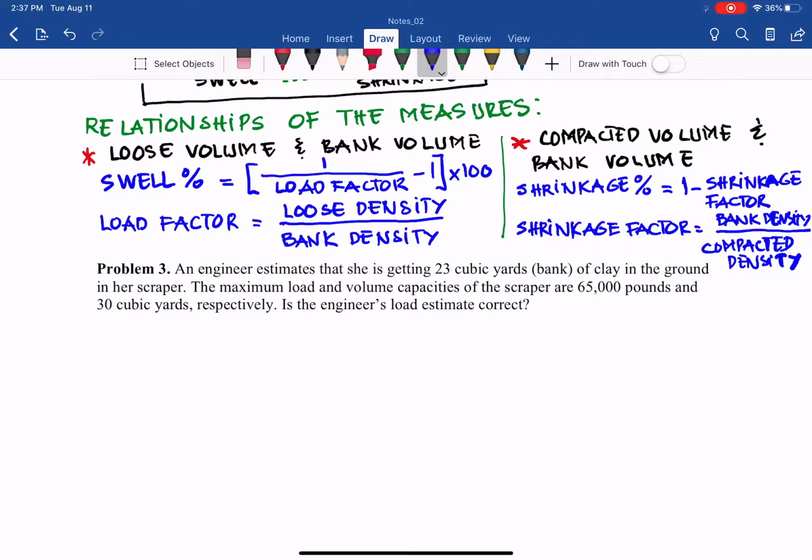And the question asks, is the engineer's load estimate correct? Whether the scraper can carry 23 bank cubic yards of the clay.